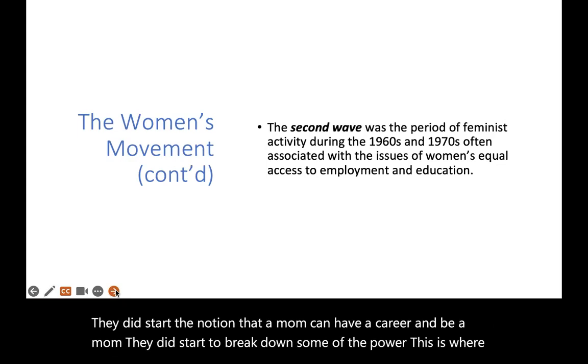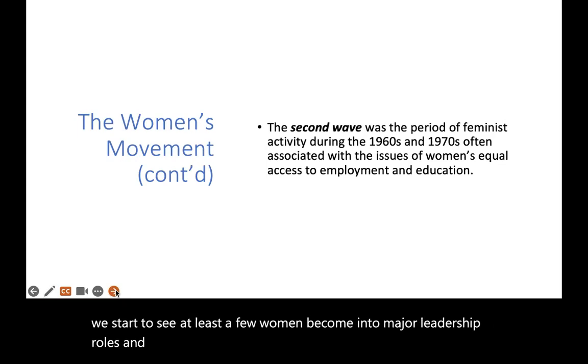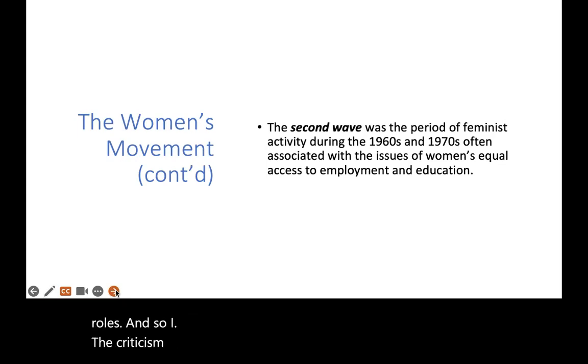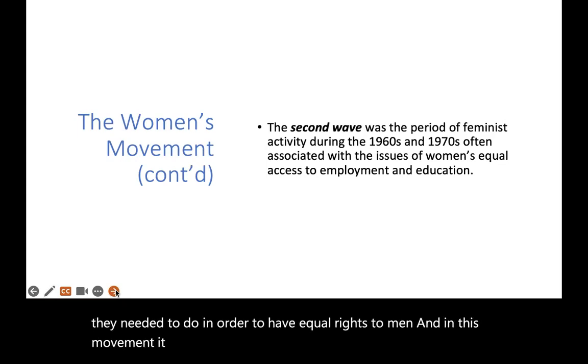This is where we start to see at least a few women come into major leadership roles. And so the criticism was the notion of what women in this movement felt they needed to do in order to have equal rights to men. In this movement, it was very much about, well, we have to be like men.